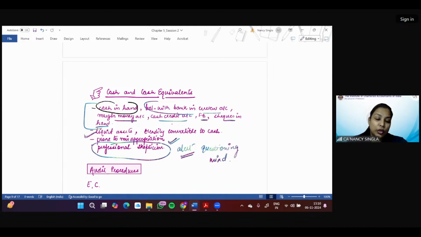Tell me what all audit procedures will you perform that comes to your mind. And one very important audit procedure that should be associated with respect to verification of cash and cash equivalents. I'll wait for 30 seconds and then we'll start. So let me just have a look at your replies. Please, students, reply fast.